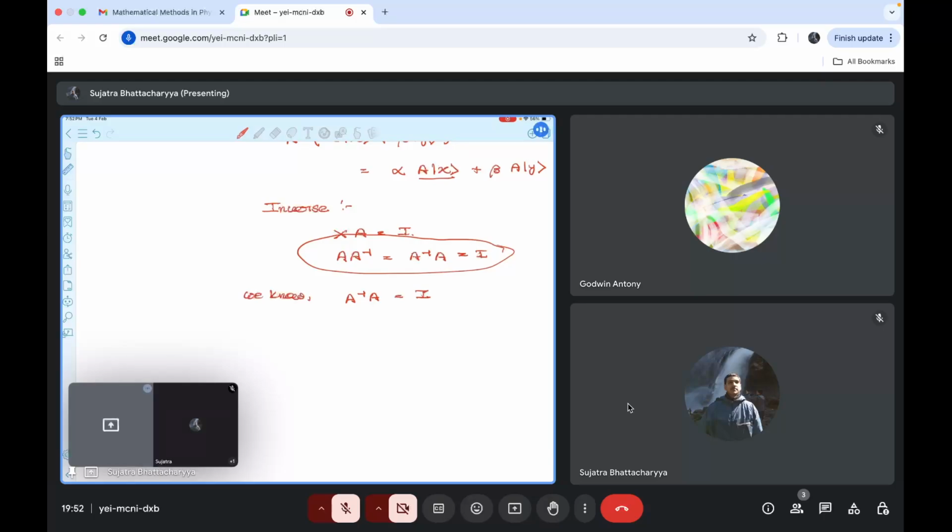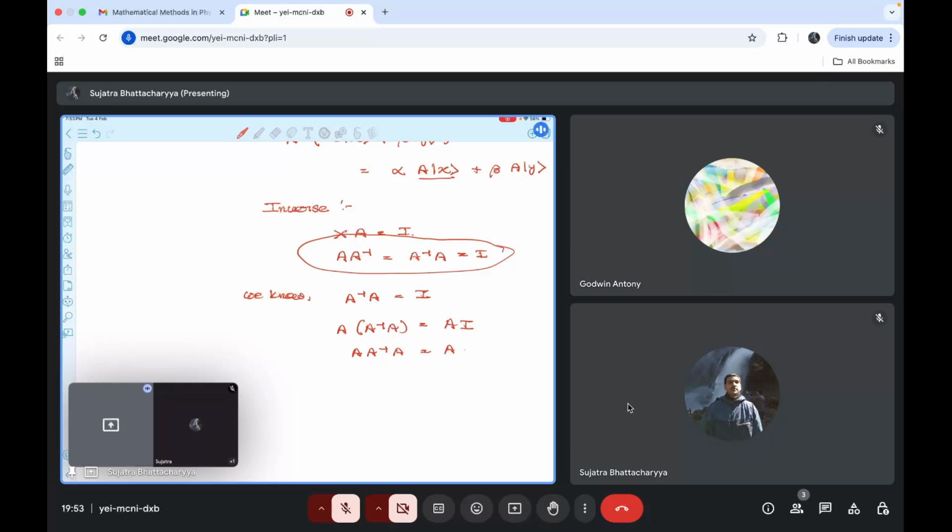Now what I will do is, if I multiply A to its left, it will be A times I. So it will be A A inverse A, which is equal to, okay, this is what you can write.